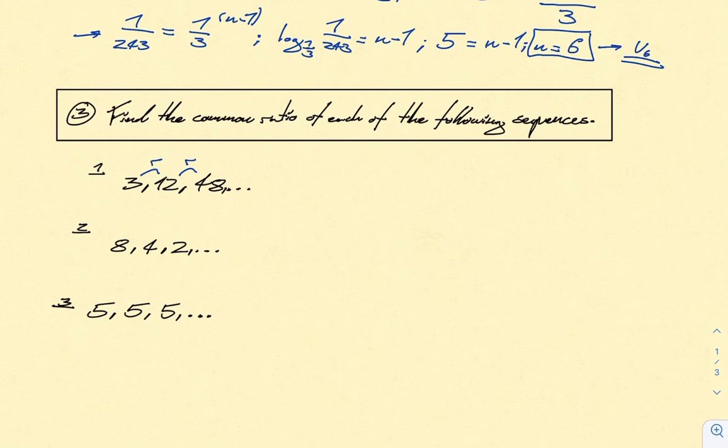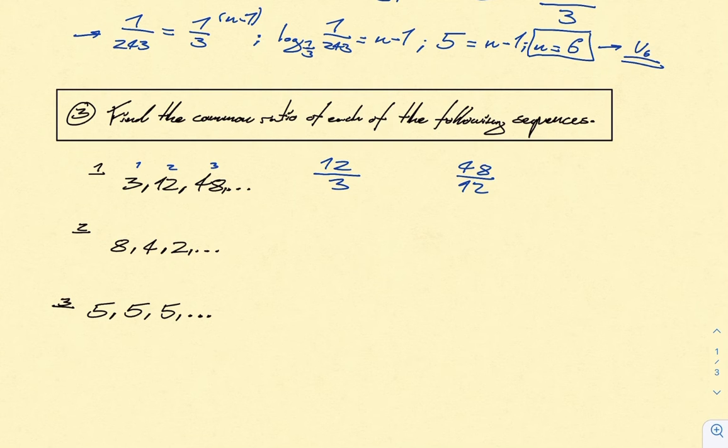What we could always do to find the common ratio is to take any term, let's take 12, and divide it by the previous number, which is 3. We could also use 48 over 12.